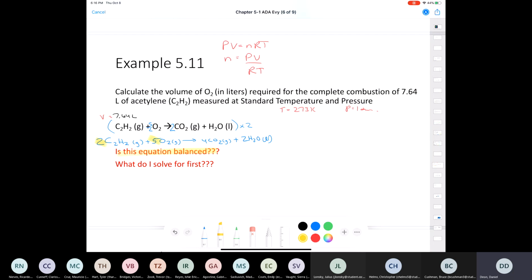Let's solve for the number of moles of acetylene, C2H2. We have our pressure, which is 1 atmosphere. We have our volume, which is 7.64 liters. We have our gas constant, and we have our temperature.